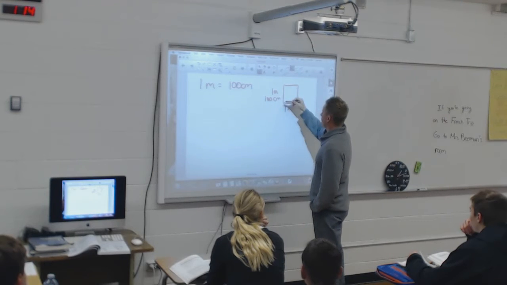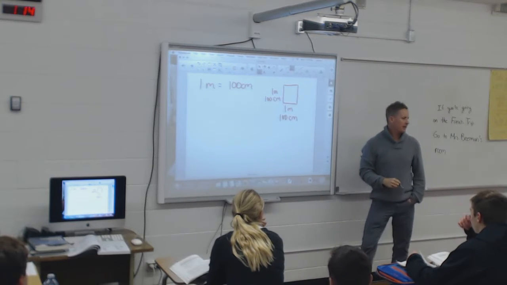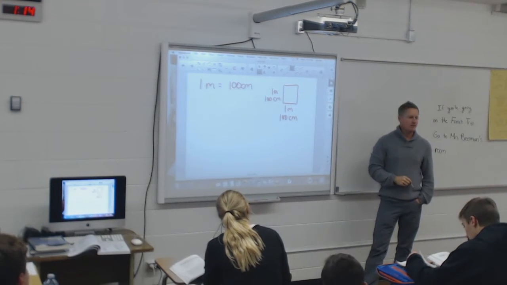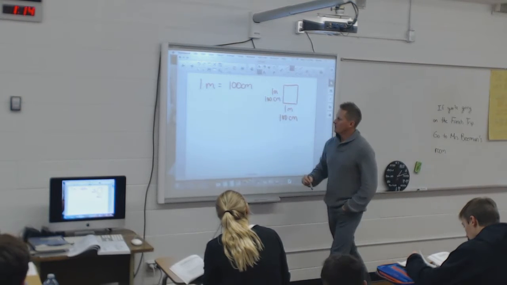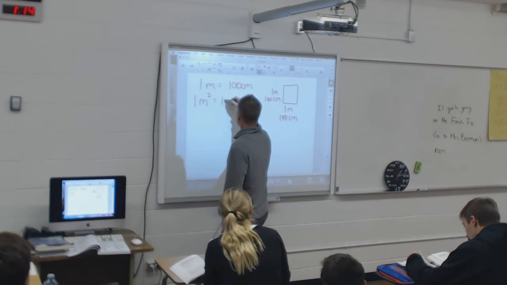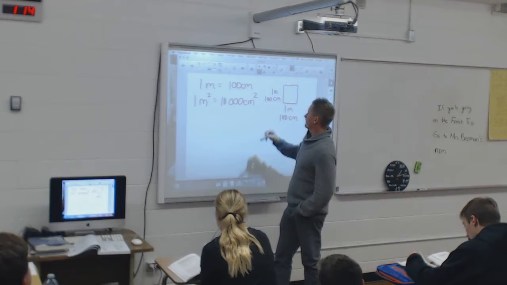And I find area by taking length times width. Agreed? So when I go 100 by 100, what do I get? 10,000. So in other words, 1 meter squared is equivalent to 10,000 centimeters squared.